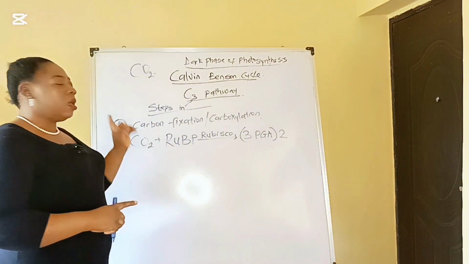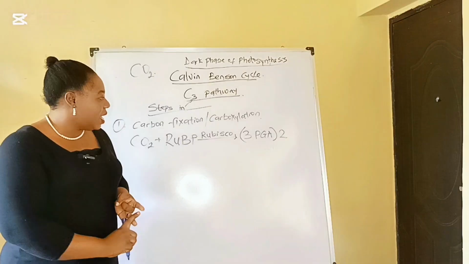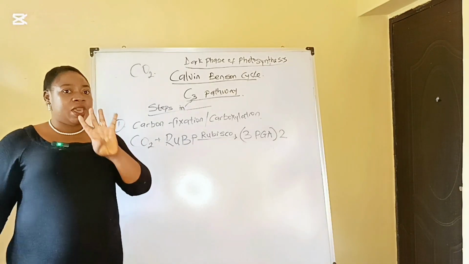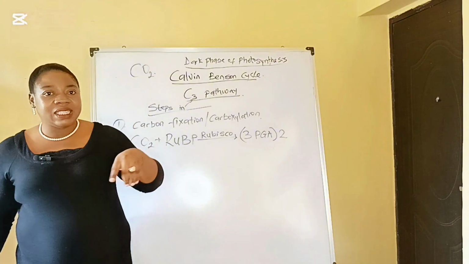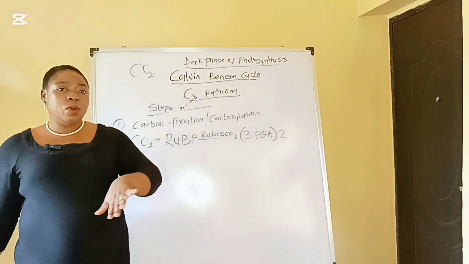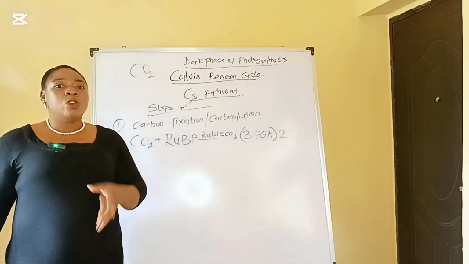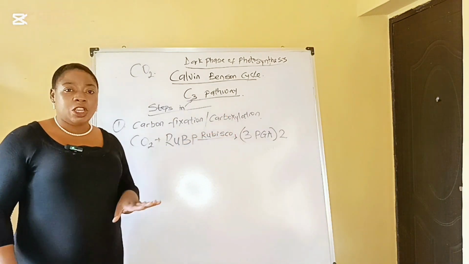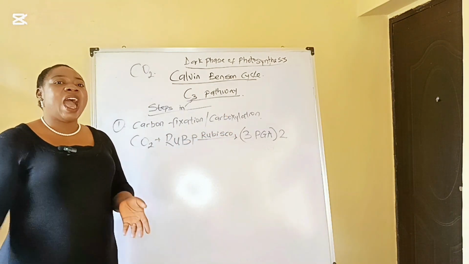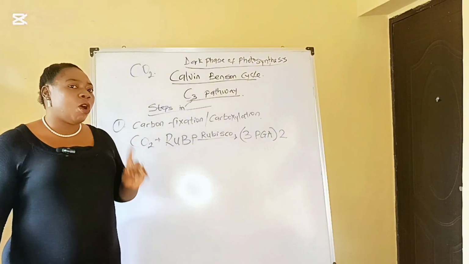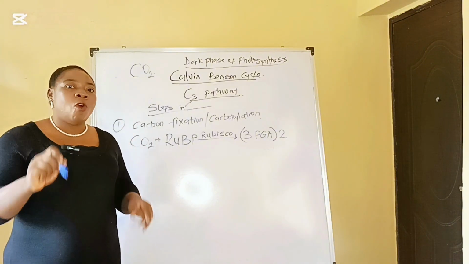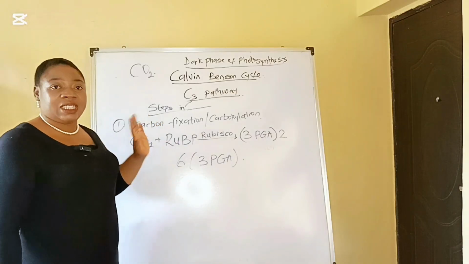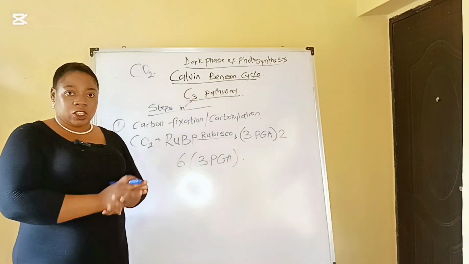Then another CO2 enters, so we get another two molecules of PGA, making 4. Another CO2 enters, so we get another 2 molecules of PGA, making 6. So in total, for this carbon fixation or carboxylation step, we have 6 molecules of 3-phosphoglycerate. This is our product for the first step in this pathway.